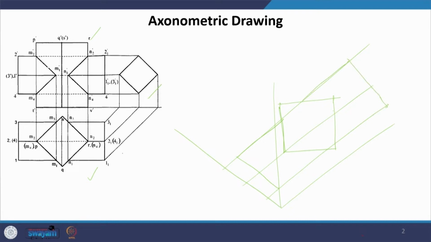So, when I repeatedly say that when you draw it, please draw it properly. I am drawing it without a grid, so the lines look a little confusing at times.